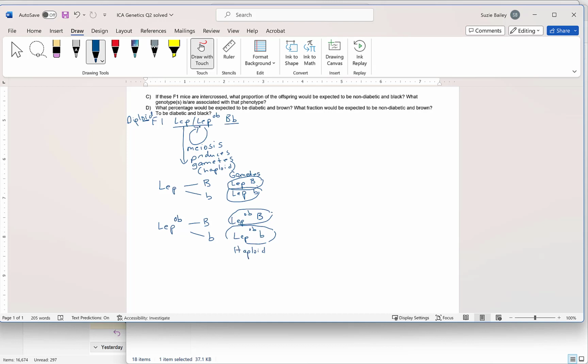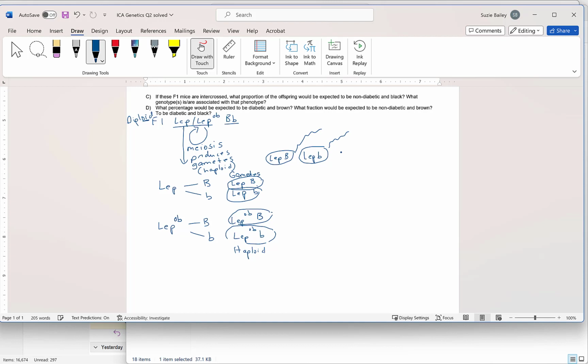So we're crossing the F1s with each other. We could create a Punnett square with our gamete types for our two F1 parents down the left side and across the top. I'm just drawing circles around these to indicate that we're looking at gametes.